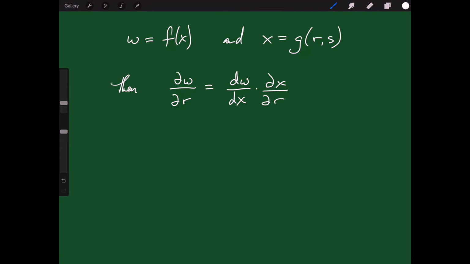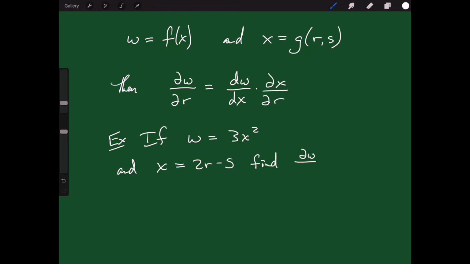Okay, let's do a quick example that shows how this works. So if we have w equal to, let's say, 3x squared, and x is equal to 2r minus s, then let's find the partial of w with respect to r.